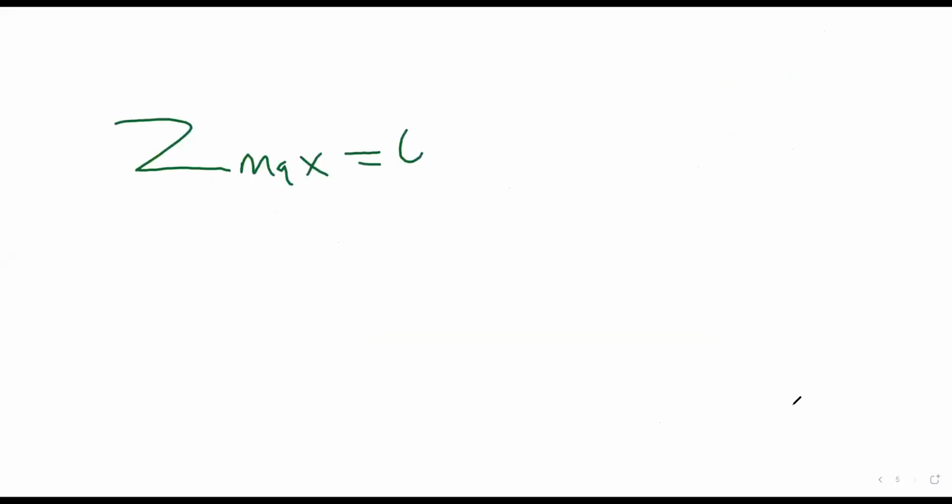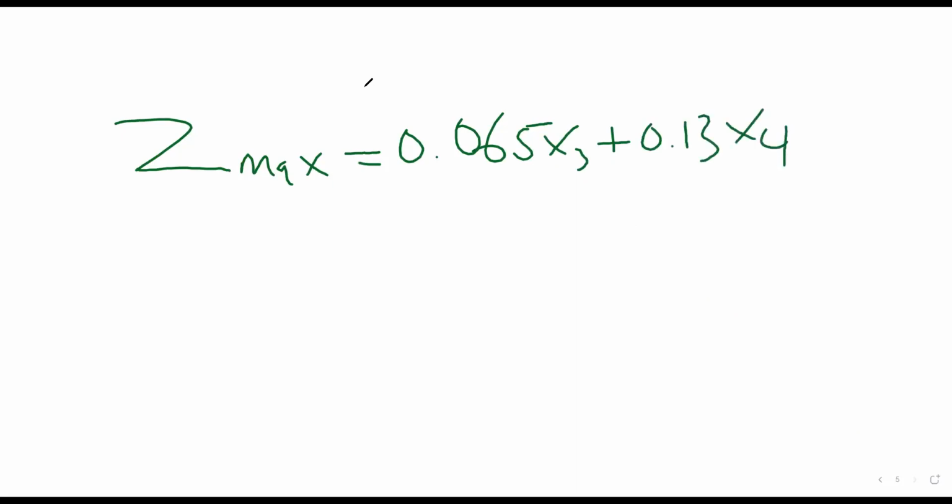So you get 0.065 X3 plus 0.13 X4. Now we know the value of X3 and X4, and the values are in the Excel sensitivity report.